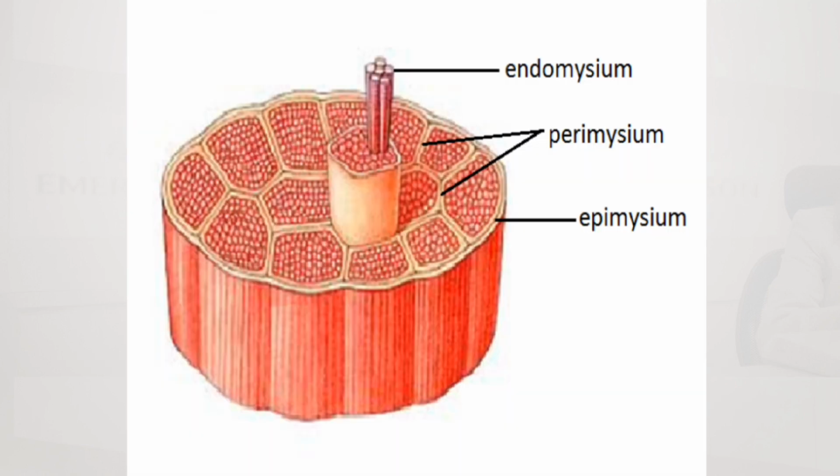So this is what we are talking about: the endomysium, perimysium, and epimysium. The endomysium covers each individual fiber, then the epimysium covers the whole muscle as a whole.